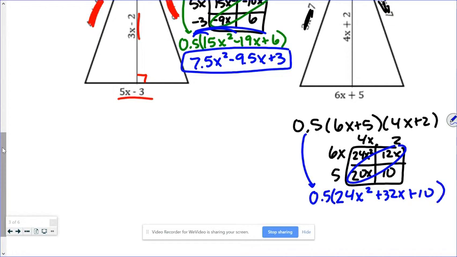Everything is multiplied by 0.5. Since these all three are even numbers, this will be nice because I won't have any decimals in my answer. All right, so 0.5 times 24, what's that? Good, it's 12x squared. This one's 16x and 5. Good, okay. Your answer should match that. That's the area for the triangle.